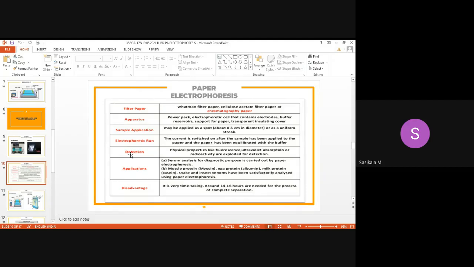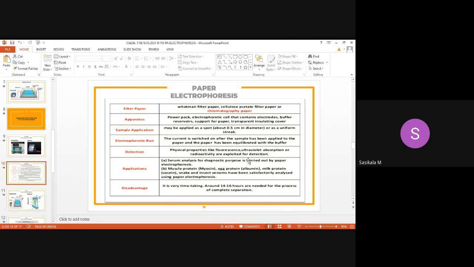Then detection. For the separated molecules we focus on physical properties like fluorescence, UV absorption, or radioactivity, which are exploited for detection. So fluorescence, UV light absorption, and radioactivity can be detected by paper electrophoresis.